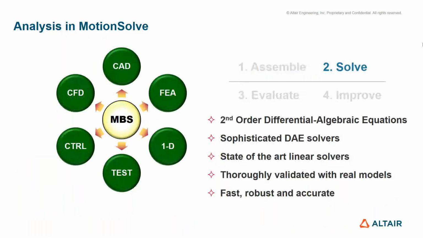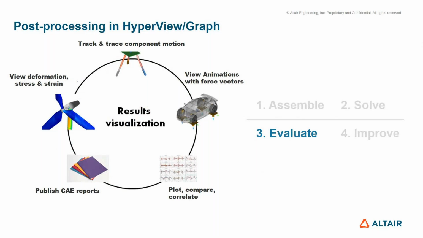In solve, we will solve the problem with different equations, and this MBD simulation can be coupled with computational fluid dynamics, with structural 1D simulation, control system, and so on. Post processing can be done with the help of HyperView and HyperGraph.